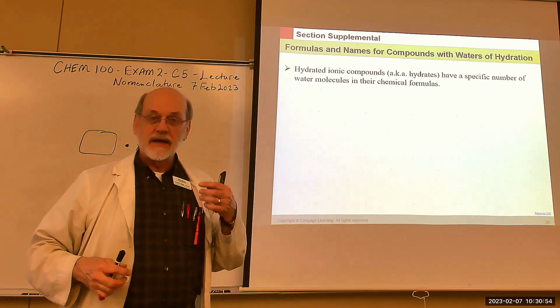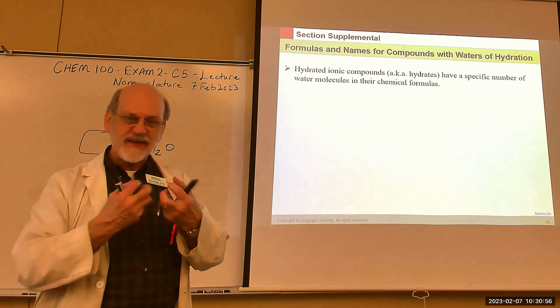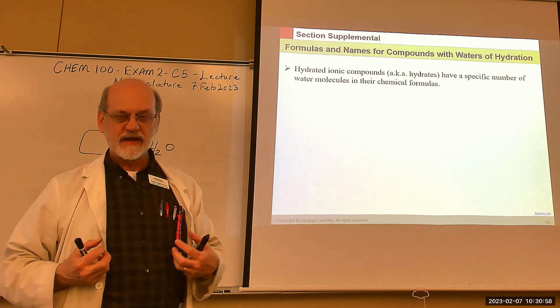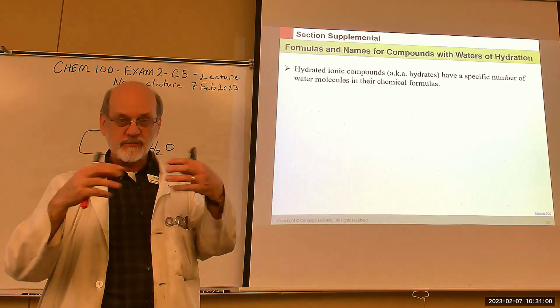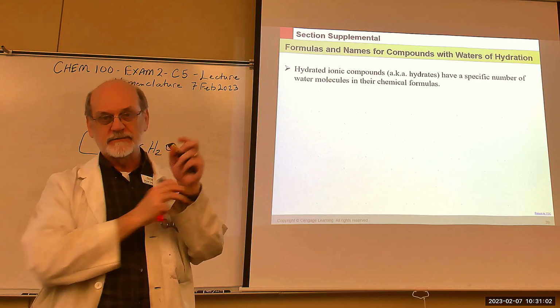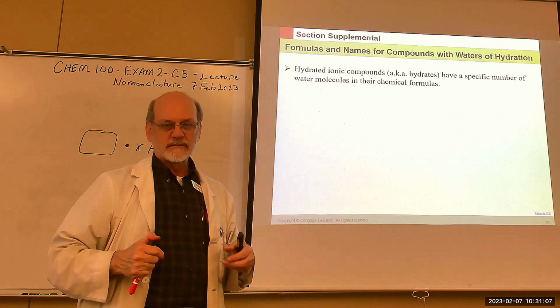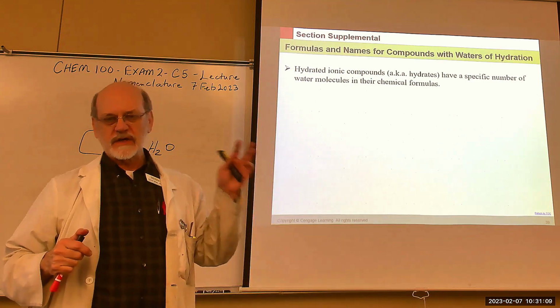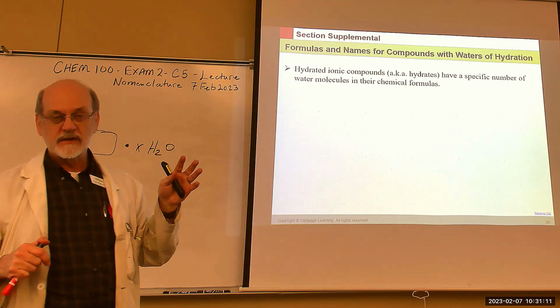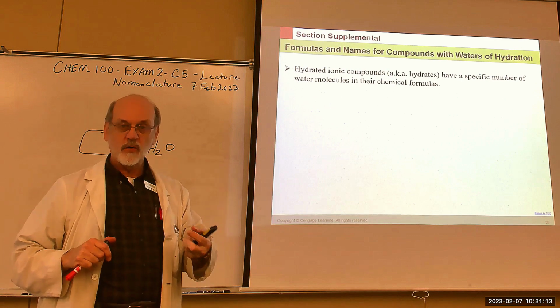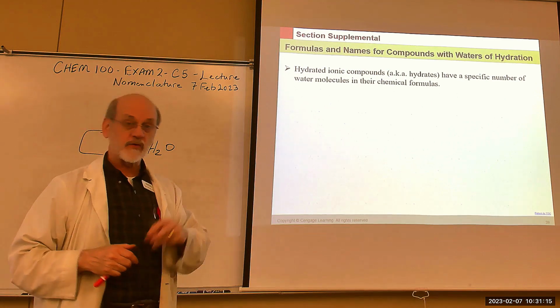But beyond that, it still hangs on to some of those waters. And at that point, those waters are considered part of the molecular structure. You have to heat them up higher, like 150 degrees, 160 degrees Celsius in order to drive off those other waters. Sometimes we heat them higher than that.